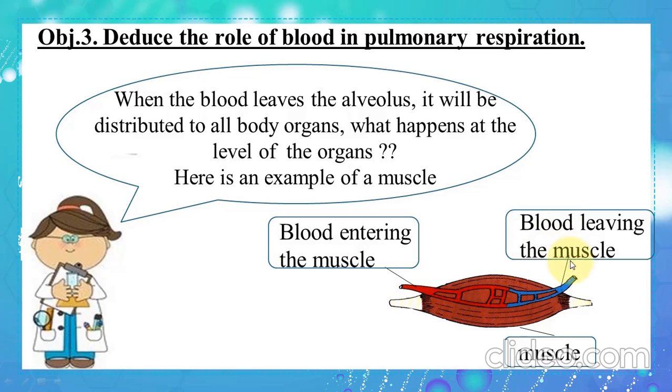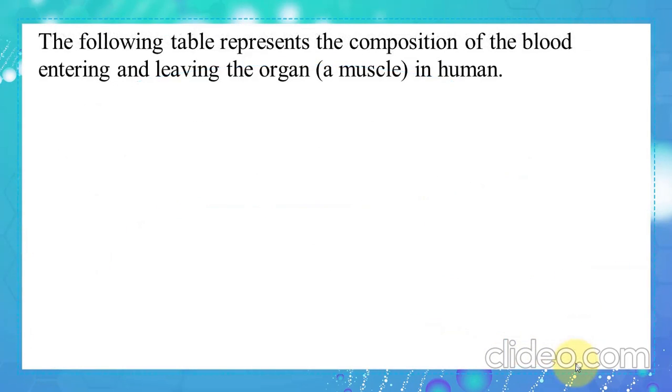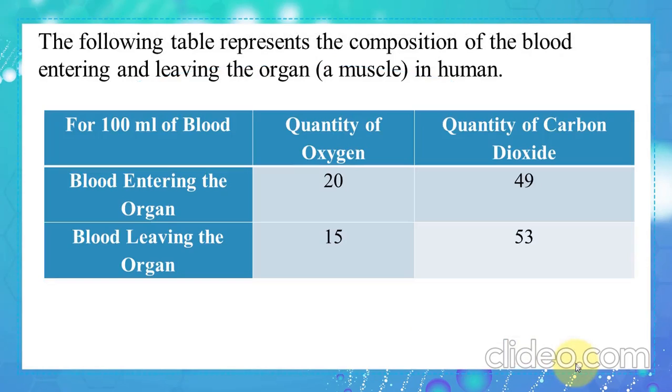But what is the composition of each one? What is the composition of the blood entering the muscle? And what is the composition of the blood leaving the muscle? And what happens at the level of the muscle? The following table represents the composition of the blood entering and leaving this muscle in a human.